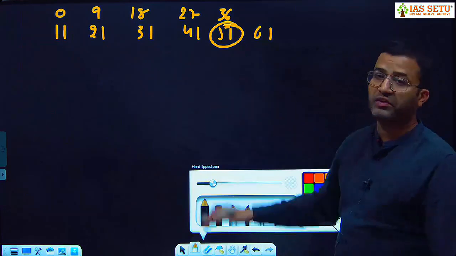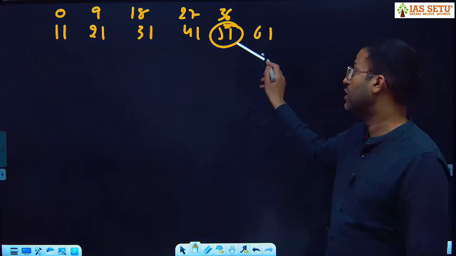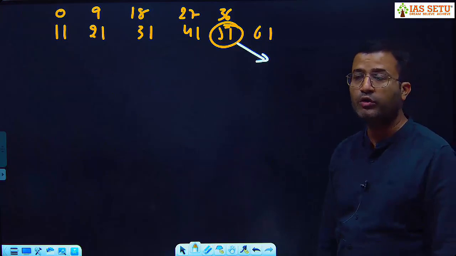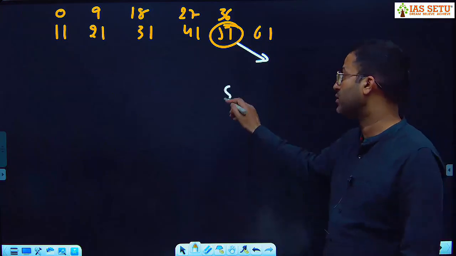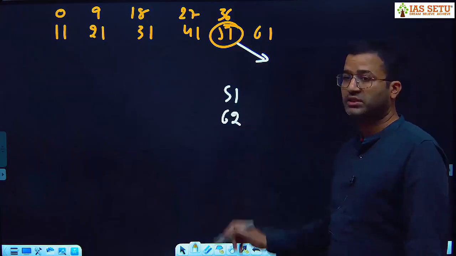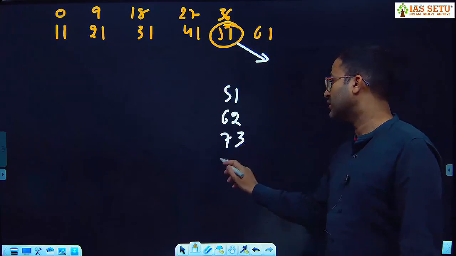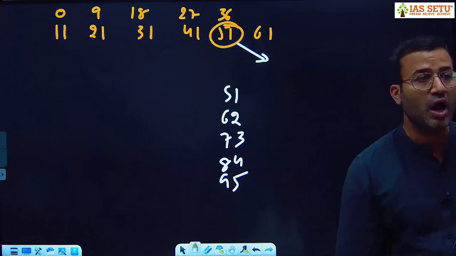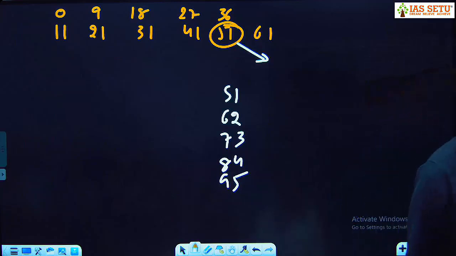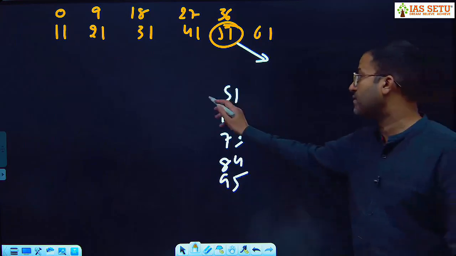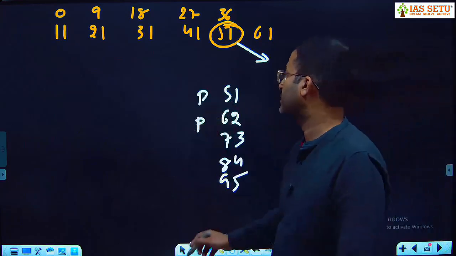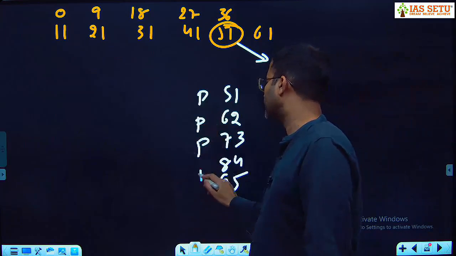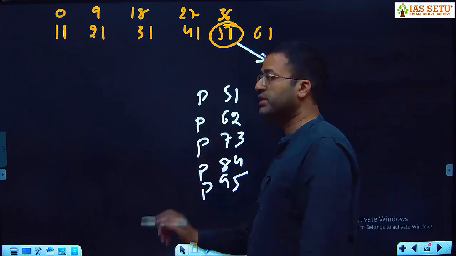You can check 51 minus 15. Then you have to check diagonally. How do you get diagonally? Keep adding 11: 51, next number 62, then 73, 84, 95. How many different values of P are possible? 5. P can be 51, 62, 73, 84, or 95.